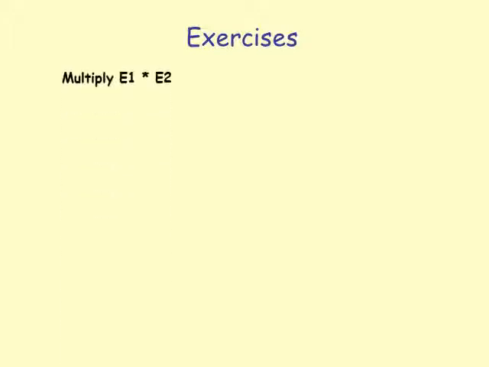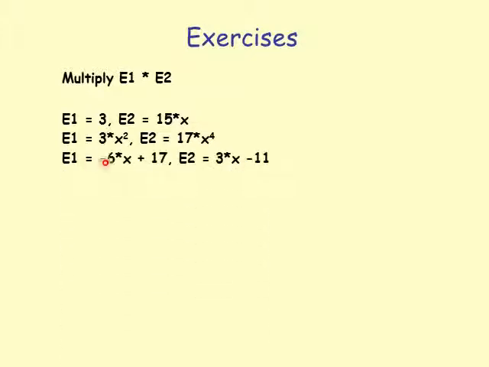Some exercises. Multiply E1 and E2. So first example is E1 is 3, E2 is 15x. Next example is 3x squared is E1, E2 is 17x to the power 4. Next is E1 is minus 6x plus 17, and E2 is 3x minus 11.